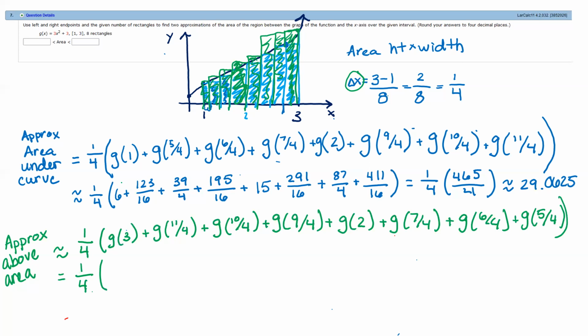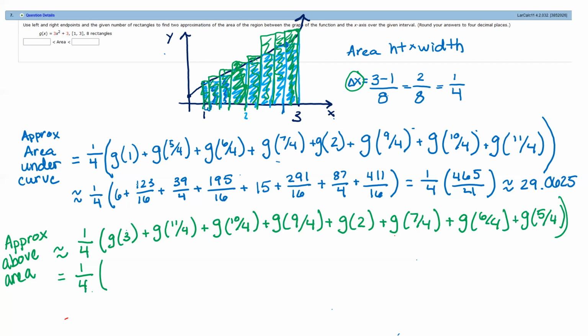So I'm just going to go ahead and add these together. I'm going to take this sum that I had, this 465/4. I'm going to subtract 6 and I'm going to add G of 3, which we found earlier to be 30. Again, you can rework all of it out. I'm not showing all the steps. I'm shortcutting, using some of my previous work.